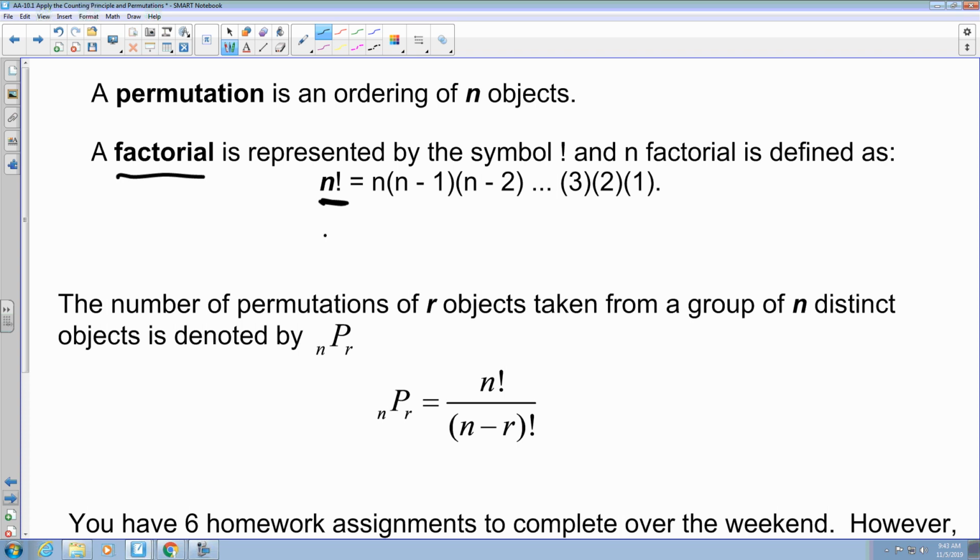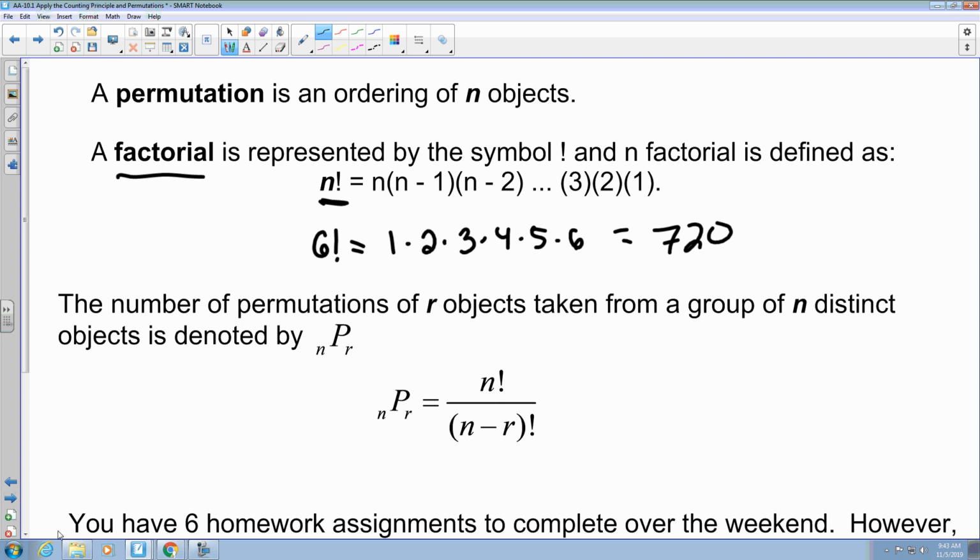So 6 factorial equals 1 times 2 times 3 times 4 times 5 times 6. I stop at 6 because that's the number there. And that's where the result of 720 comes from.